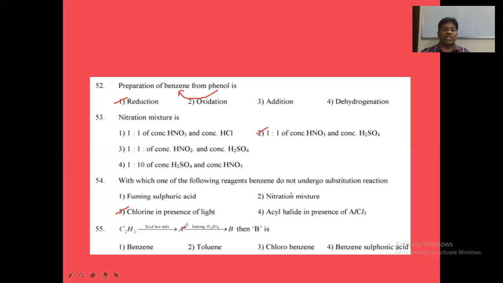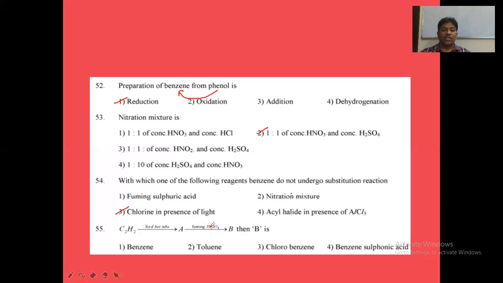The reaction of benzene A with fuming sulfuric acid is called sulfonation. In sulfonation, the SO3H+ electrophile will be substituted in benzene, and benzene will convert into benzene sulfonic acid.